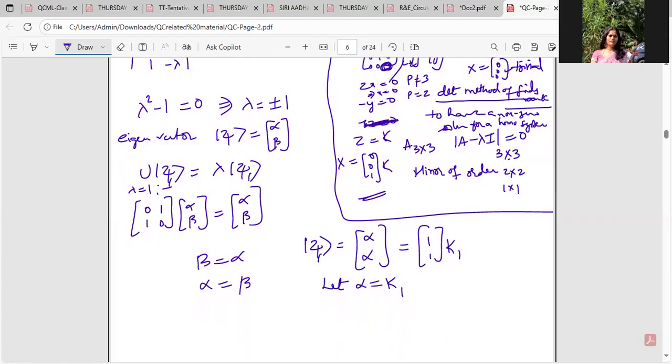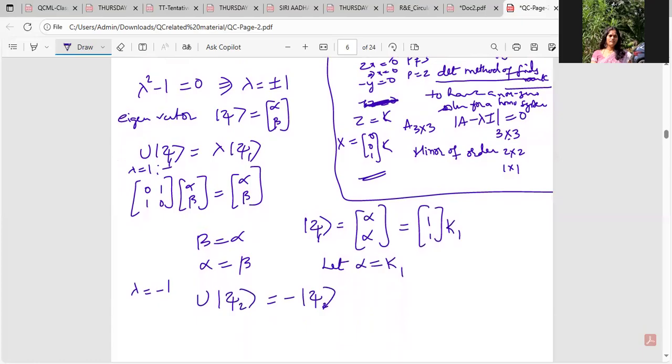For lambda is equal to minus 1, I'll take U into ket xi2, which is equal to minus ket xi2. So what I will get is beta is equal to minus alpha, or alpha is equal to minus beta, either of them.